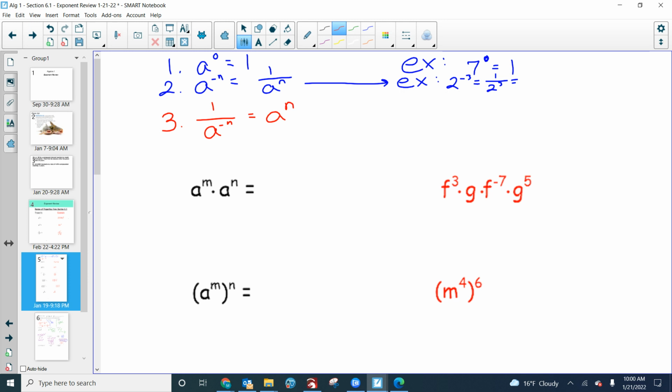And if it's over 1, we don't need to write over 1. It's understood. Example: 1 over 11 to the negative second power is 11 to the second power up top.